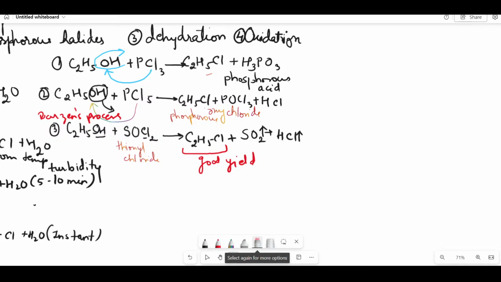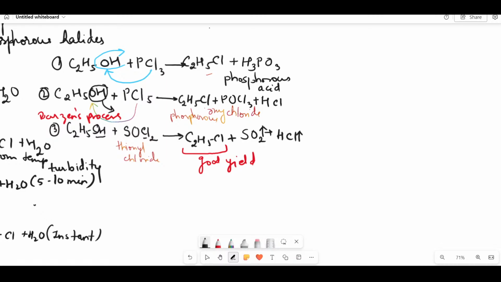I will just write down these two processes here once again. So the third process is dehydration. For dehydration, to remove water, we prefer using sulfuric acid or H3PO4.